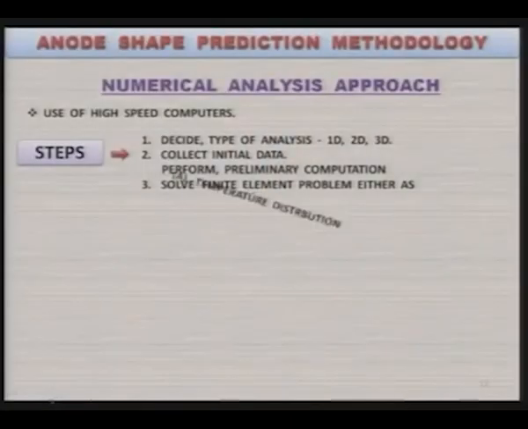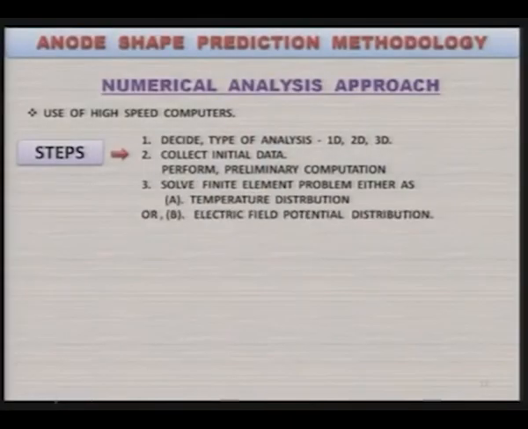Then solve the finite element problem either as a temperature distribution problem or as the electric field potential distribution problem. You find out these main variables. After getting this variation of temperature or electric field potential at different points, then secondary calculations are to be done.